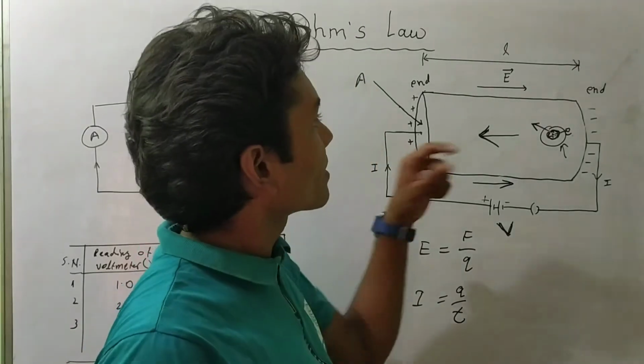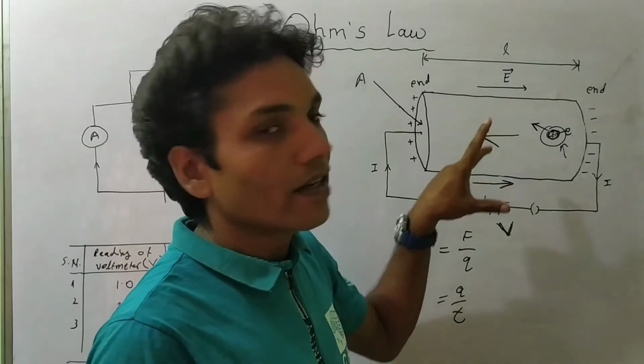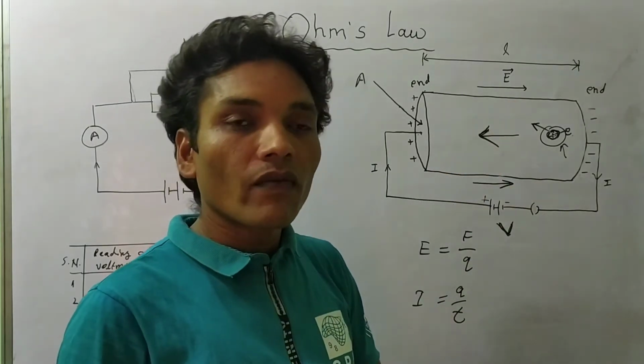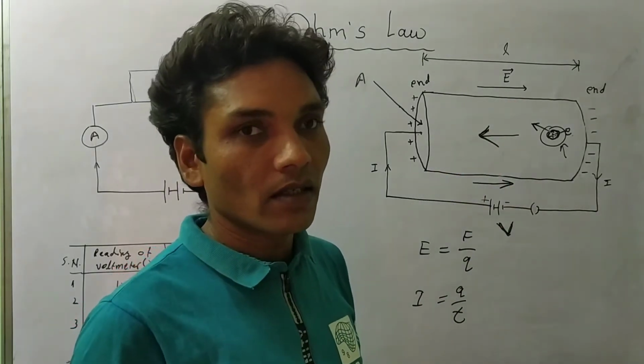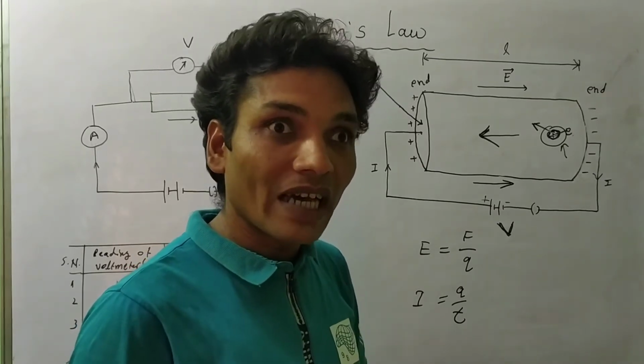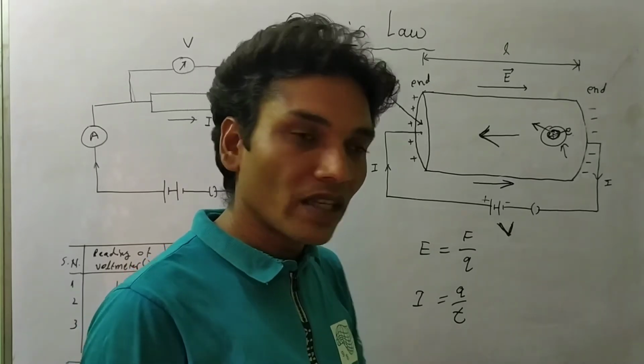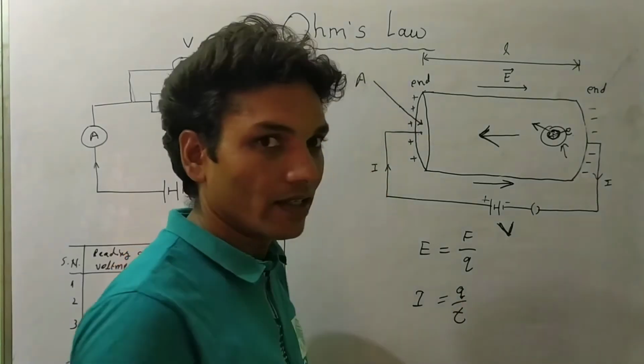The same process will happen for all atoms. So in this conductor, the number of electrons is increased, meaning the charge particles are increased, meaning this Q is increased.